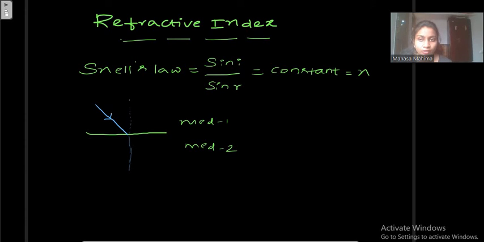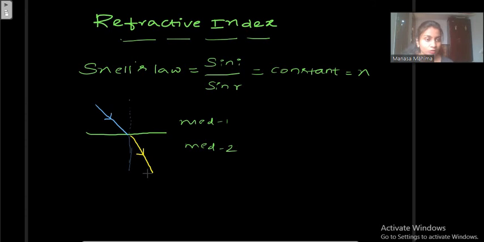It has to undergo refraction. So you will see a change in the direction of the light ray. The light ray can bend towards the normal or away from the normal. It all depends on whether the ray is traveling from rarer to denser or from denser to rarer.